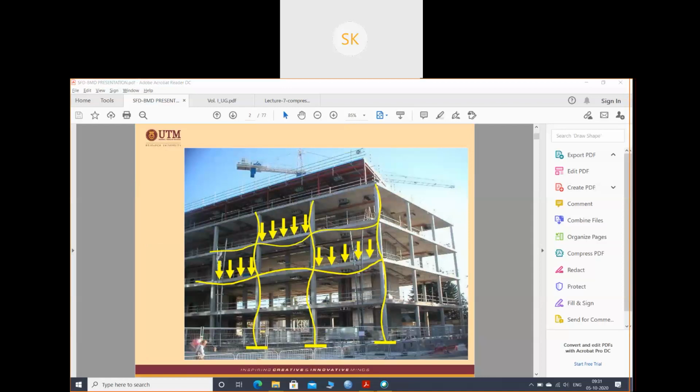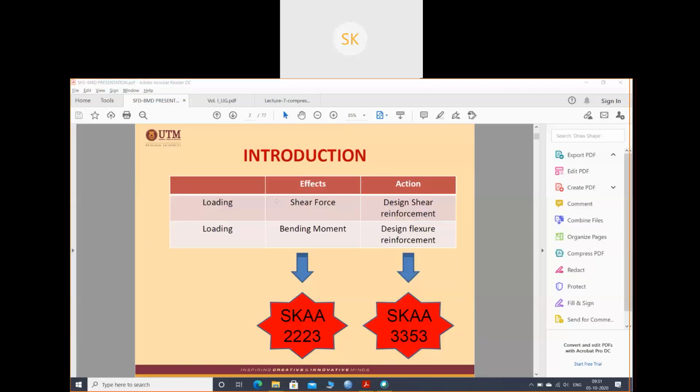From the shear force we get, we design shear reinforcement. To protect against shear force in a structure, we design shear reinforcement, and to protect against bending moment, we design flexure reinforcement.